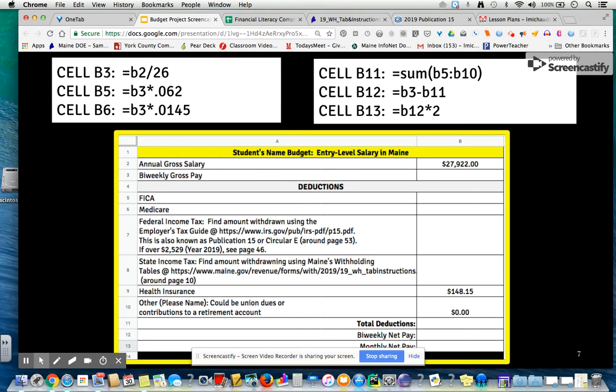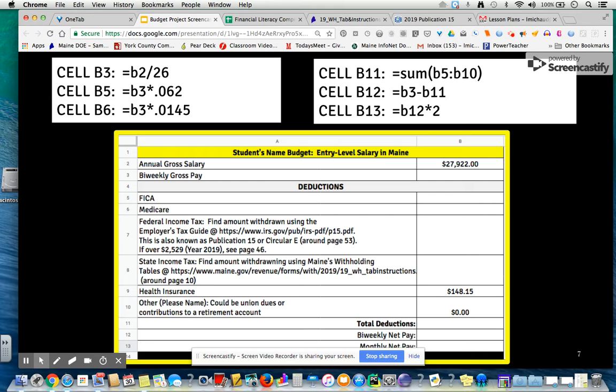So, how many weeks are there in a year? 52. So, 52 divided by 2 is 26. So, you get 26 paychecks per year. So, to determine your biweekly gross pay, you would have to take this number here, 27,922, and divide it by 26.